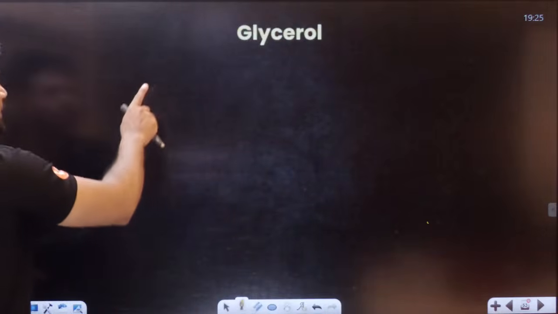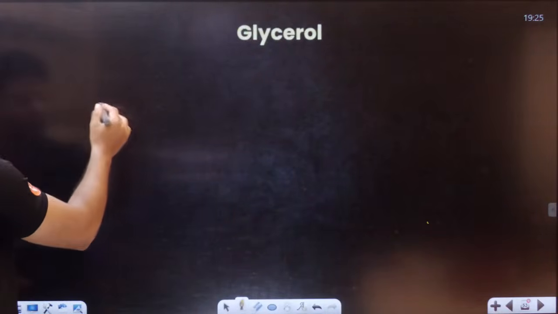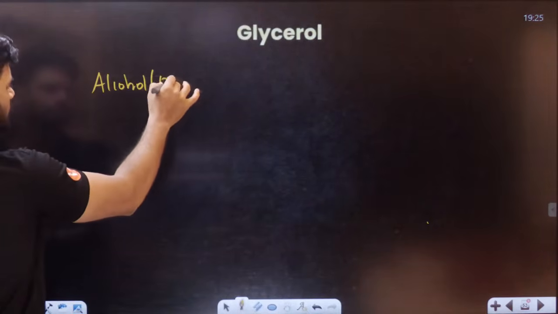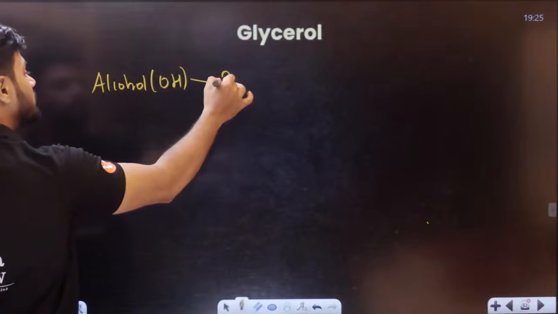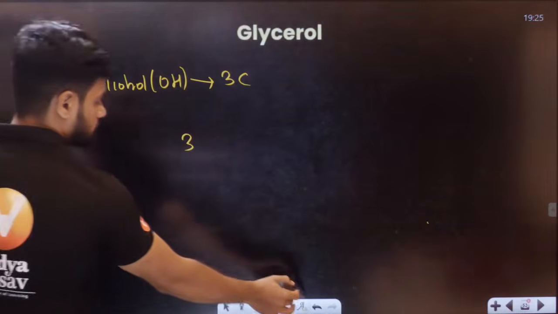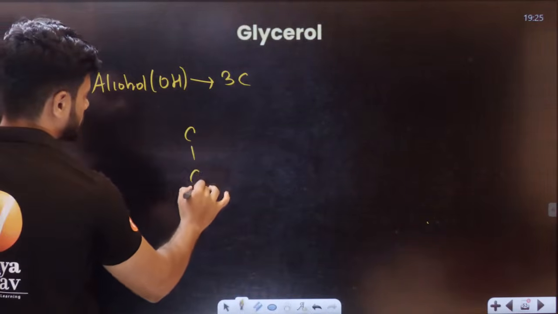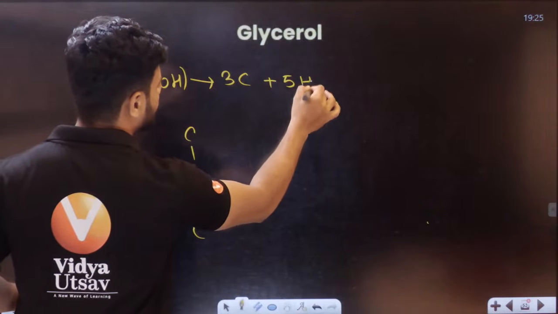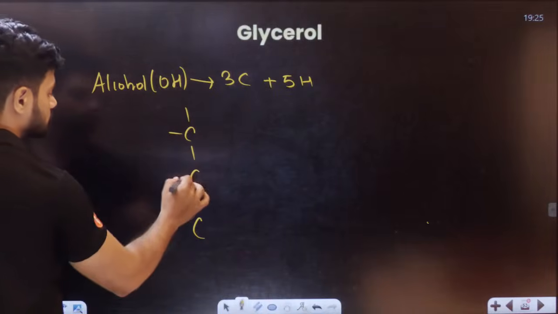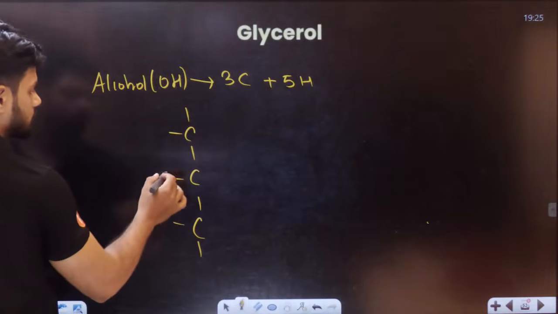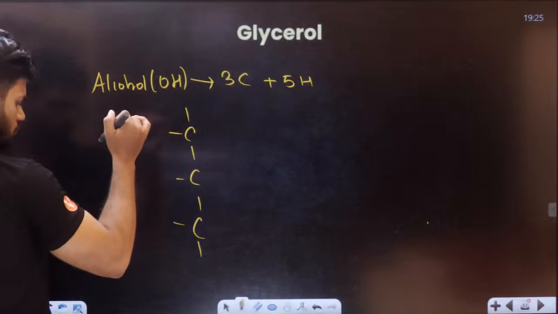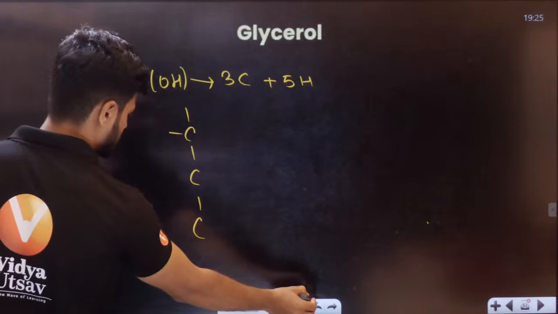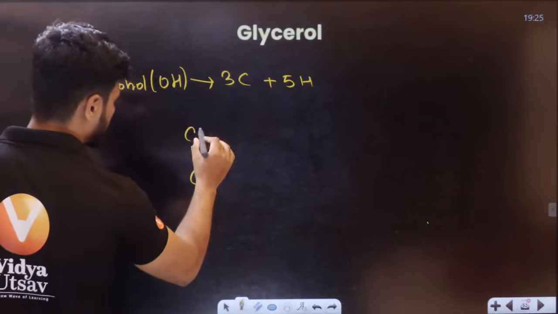Now, what exactly happens in the case of glycerol, students? Glycerols are nothing but a type of alcohol. They are basically a type of alcohol made up of 3 carbons, 1, 2, 3, and 5 hydrogens, plus three OH.